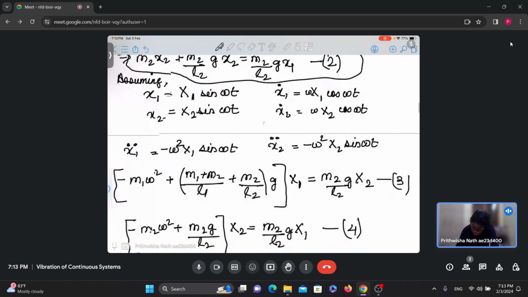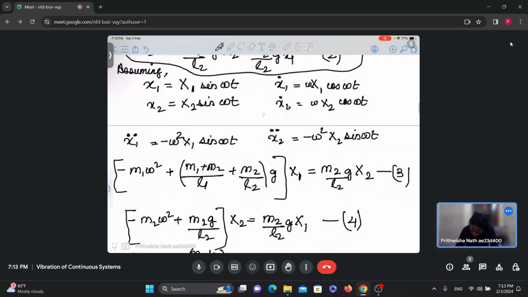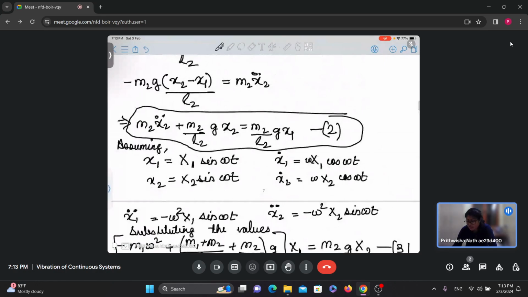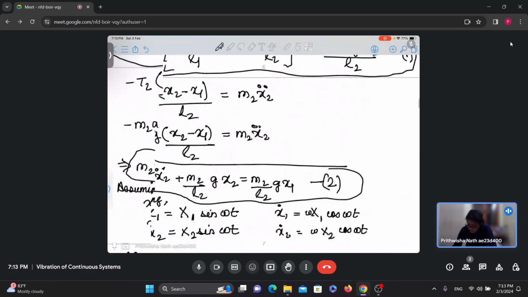Now we just substitute the values. What we get, this was the first equation. Now in place of x1 double dot, I substitute this expression.